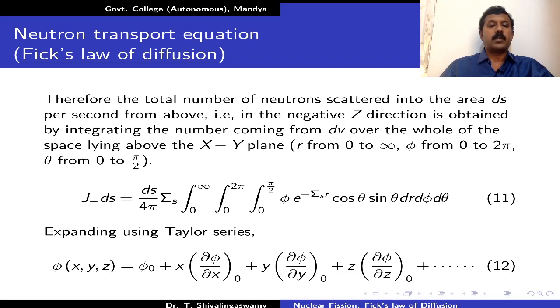This subscript O represents that this is calculated at origin, plus y into dou phi by dou y at origin, plus z into dou phi by dou z at origin, plus you will be having some terms like x square into dou 2 phi by dou x square, plus y square into dou 2 phi by dou y square, etc. Those higher order terms can be neglected.